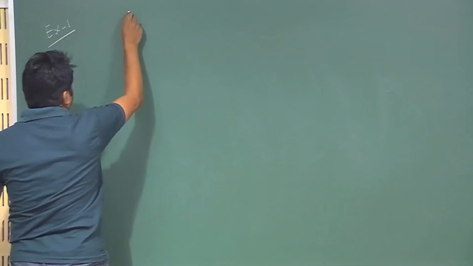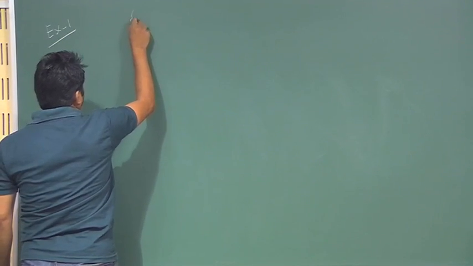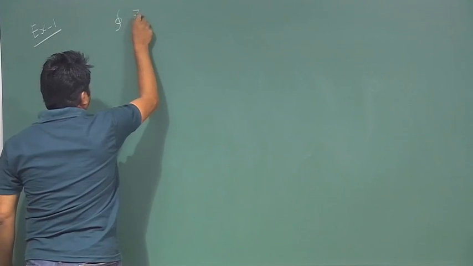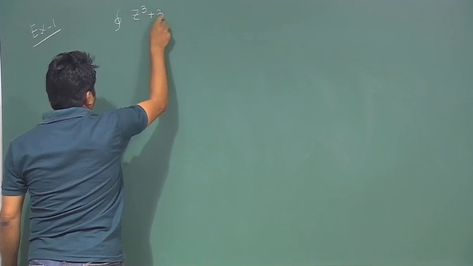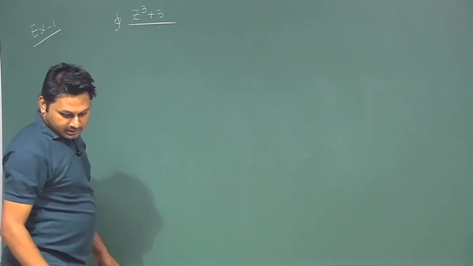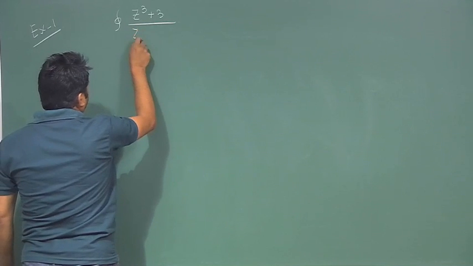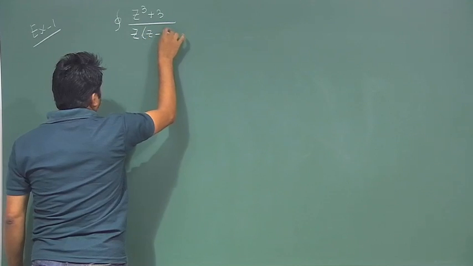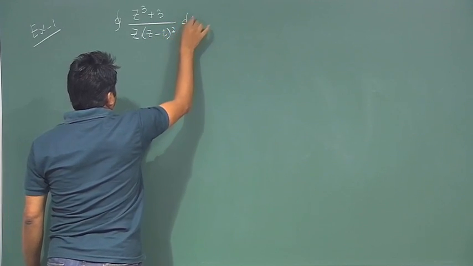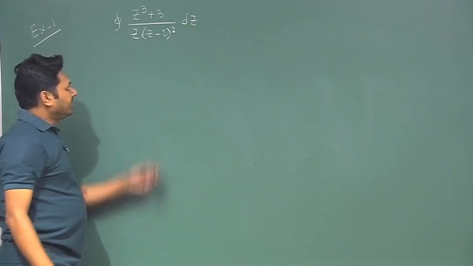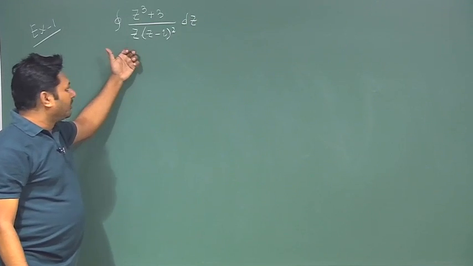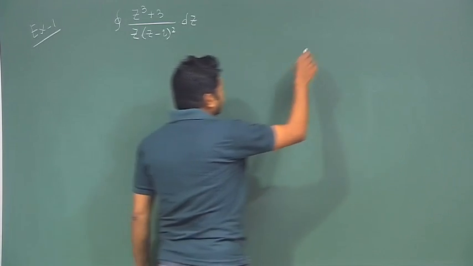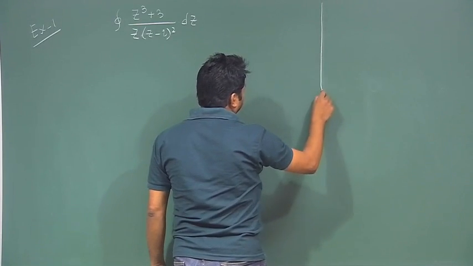The integration is given like this: z cube plus 3 divided by z multiplied by (z minus i) whole square dz. This is a standard integration that you find in the book by Zill, but the interesting thing is that the contour is given like this.